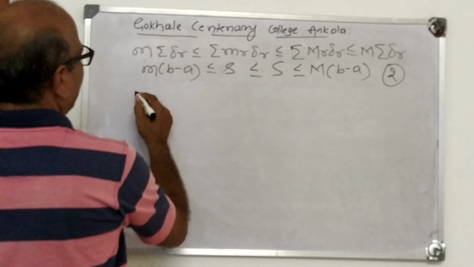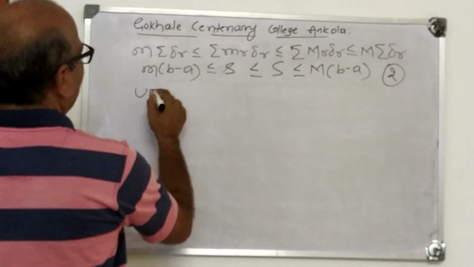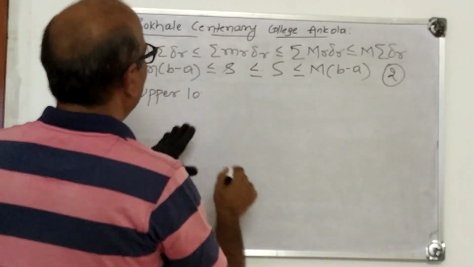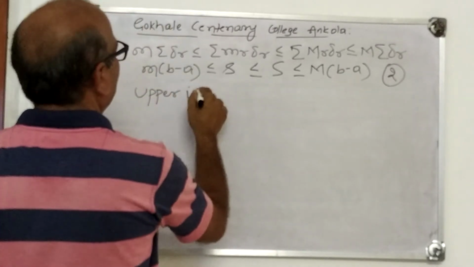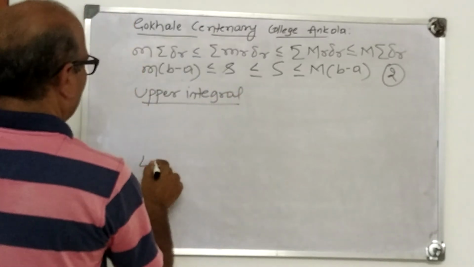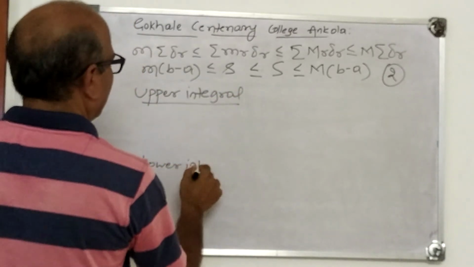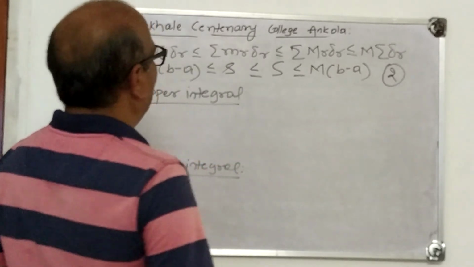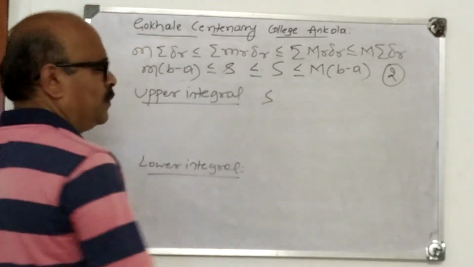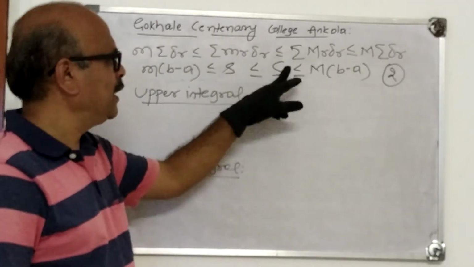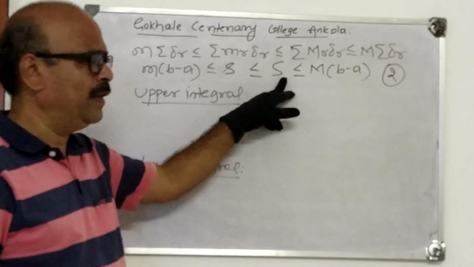Now, we define what are upper and lower integrals. Upper integral. What is lower integral? Now what is capital S? It is the set of all upper sums. This set of all upper sums is bounded.